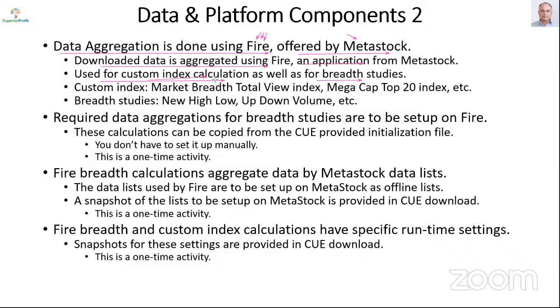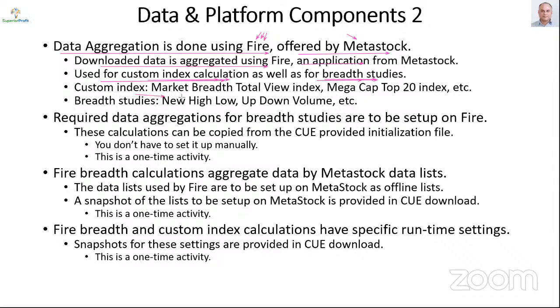One is custom index, that is aggregating data for multiple stock prices to create a custom index, and another one, breadth studies aggregation, is calculating different market internals. Custom index is not internal, it is price move, but aggregation of price of multiple stocks into a custom index, and breadth studies is aggregation of internals across hundreds or thousands of stocks.